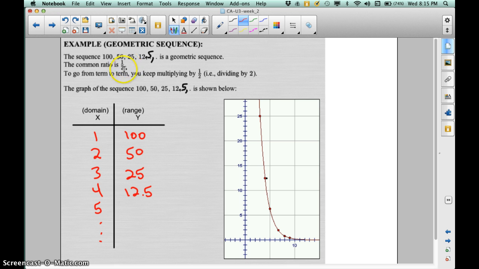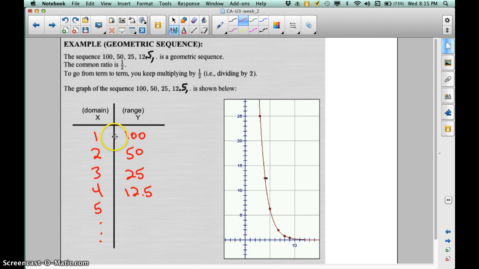The common ratio is 1/2, because if we look backwards, 12.5 divided by 25 gives us 1/2, and 25 divided by 50 gives us 1/2, and 50 divided by 100 gives us 1/2. And so once we find r, then if you're moving forwards, you would multiply that value of r.